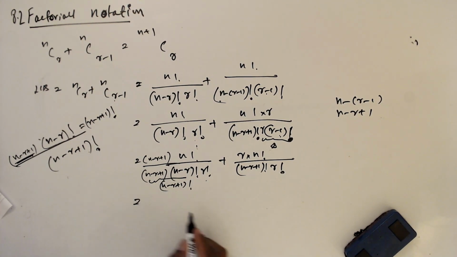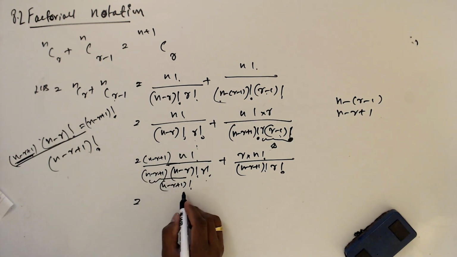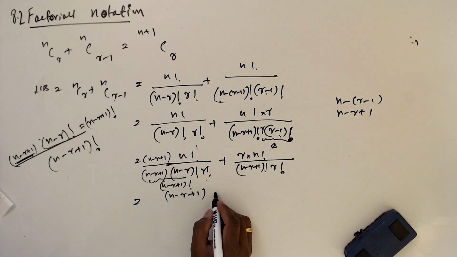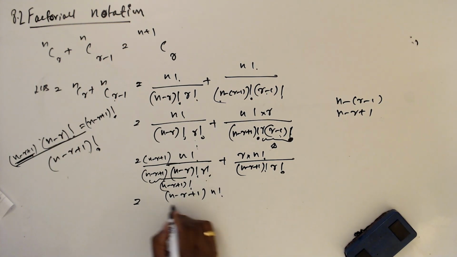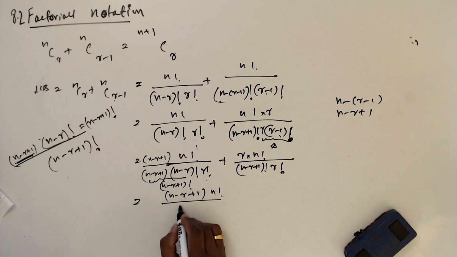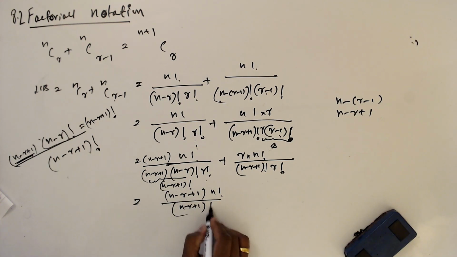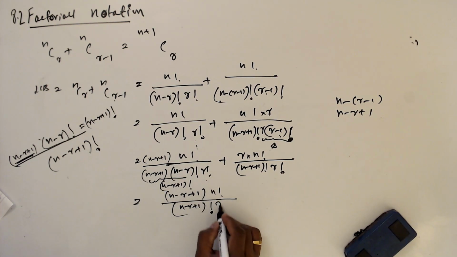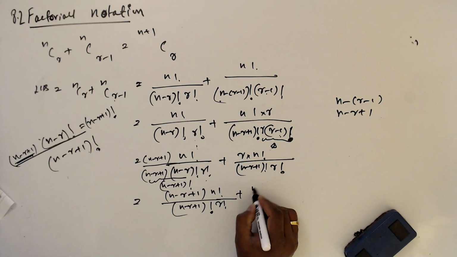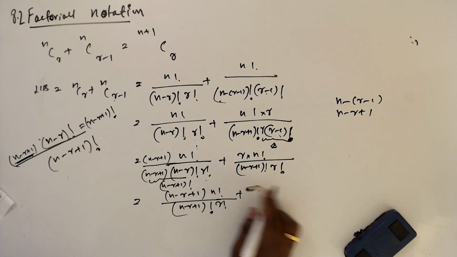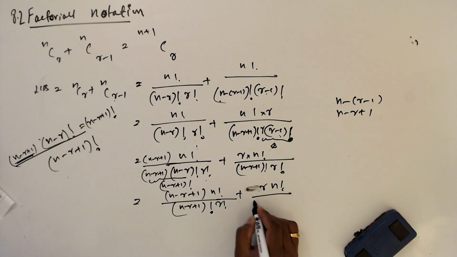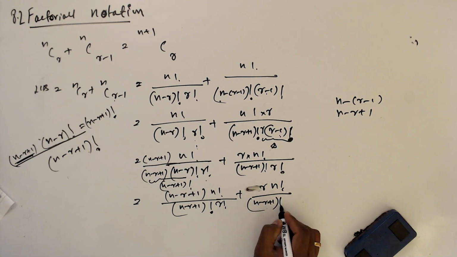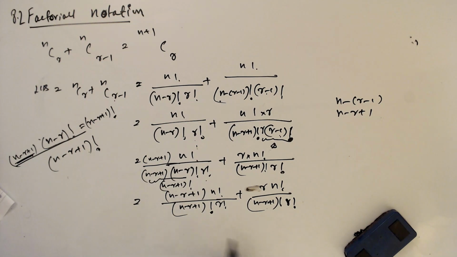I make the denominator the same: n minus r plus 1 factorial times r factorial, with n factorial on top, and r times n factorial over n minus r plus 1 factorial times r. See, I make the denominator the same. Now I can add.